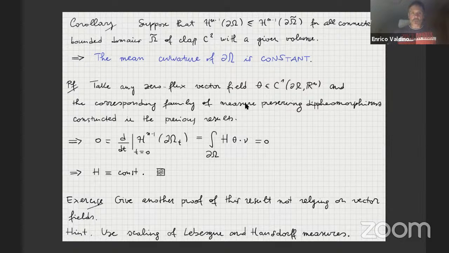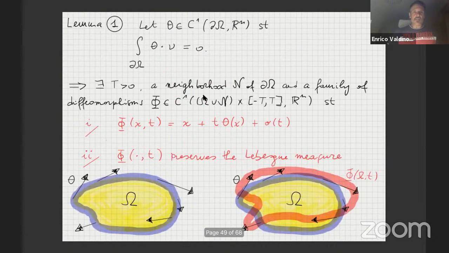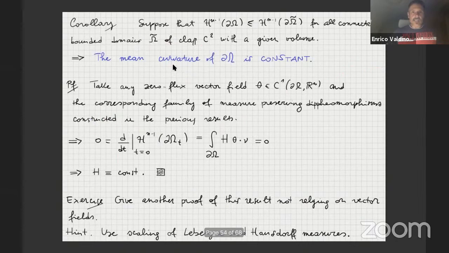Okay, so I'm using here lemma 1, which says that from a given vector field theta on the boundary of omega, I have a family of diffeomorphisms that move not only the boundary but the full set, preserving the measure.